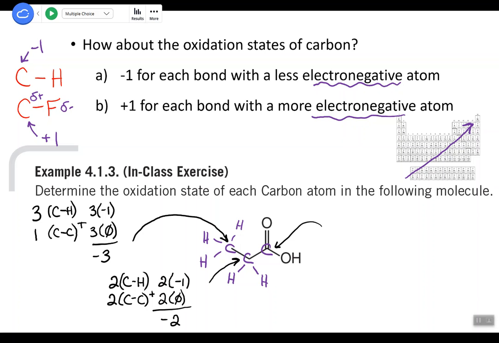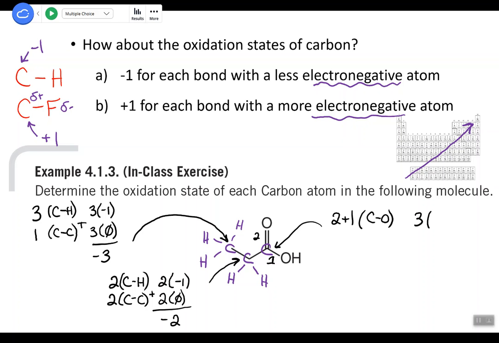Then we can analyze the oxidation number of the last carbon. And this one's a little bit more interesting. Here we have a double bond to oxygen and a single bond to oxygen. The single bond has a bond order of 1. The double bond has a bond order of 2. I'm going to simply add up the number of bonds to oxygen, but I'm going to count that double bond as 2. So I have 2 plus 1 bonds of carbon to oxygen.